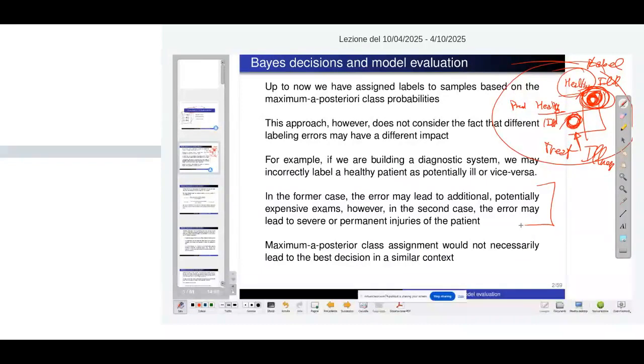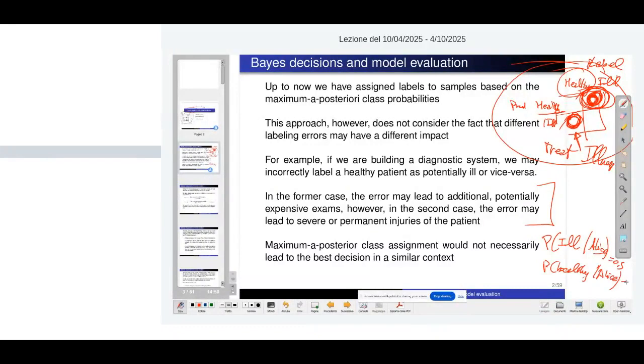For example, let's imagine that my system says that the probability of being ill, given the person, so given some features that represent the analysis, etc., is 0.5, and the probability of being healthy is 0.5.